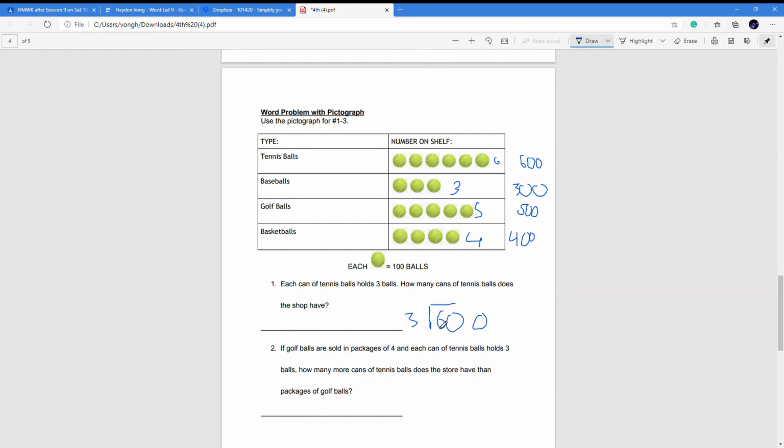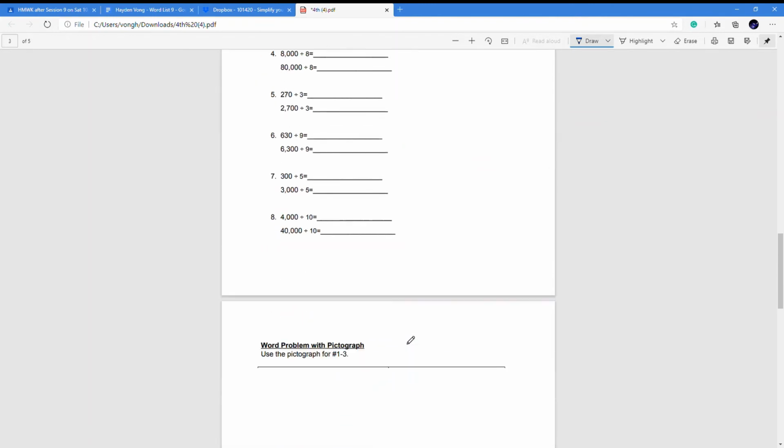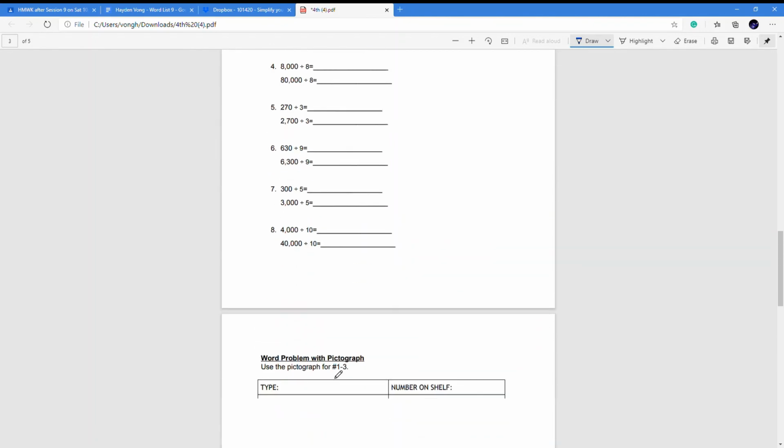How many times does 3 go into 6? 2 times. Now we just put the zeros here. So we know that we have 200 cans. That's how you do it. Here are all the values for each of the balls. And you should be able to do number 2 on your own, too. So yeah, that's it.